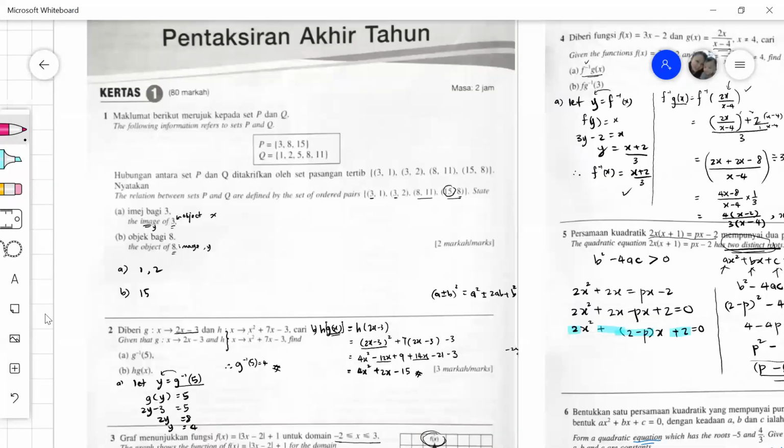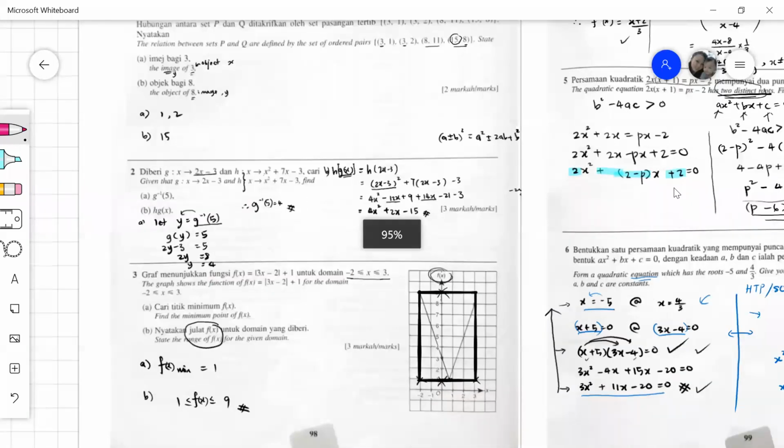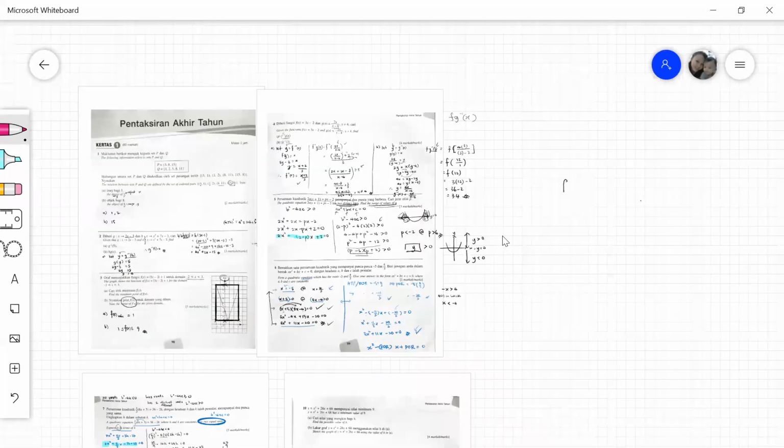Easier to scroll. All right, number 9 done. So we go to number 10.